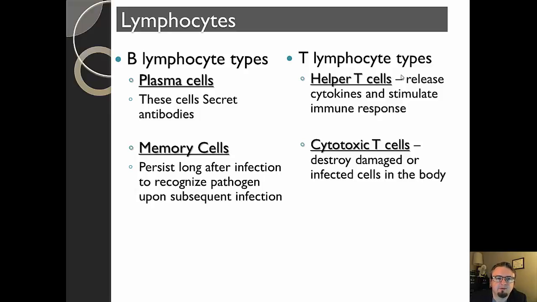So if you remember from chapter 6, we referred to HIV as infecting what are called CD4 helpers, or CD4 T cells. That's actually the more technical name for a helper T cell. So a helper T cell is also known as a CD4 T lymphocyte, which again are the cells that HIV infects and attacks.